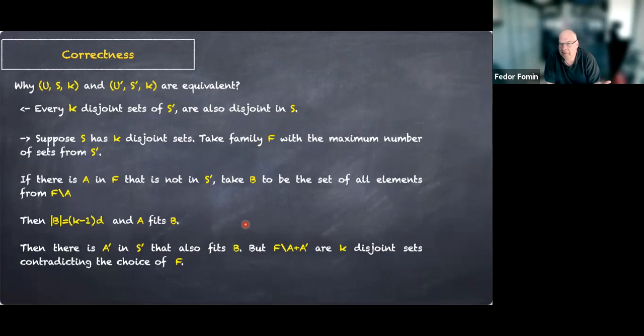Just because A prime is a representative set, so it should fit B.